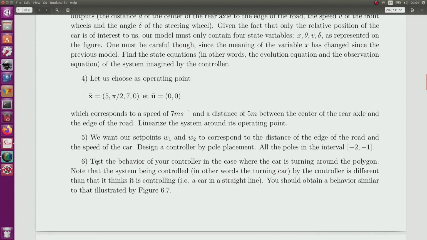Question number 6, I have to test the behavior of the linear controller in the case where my real system, where the car is turning around the polygon.